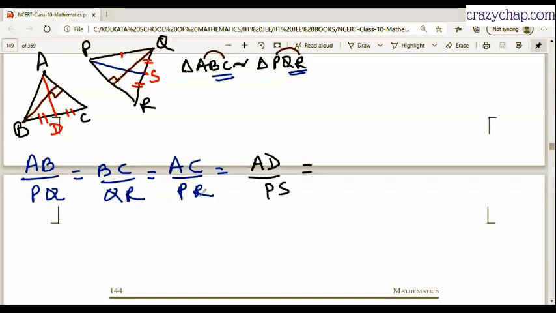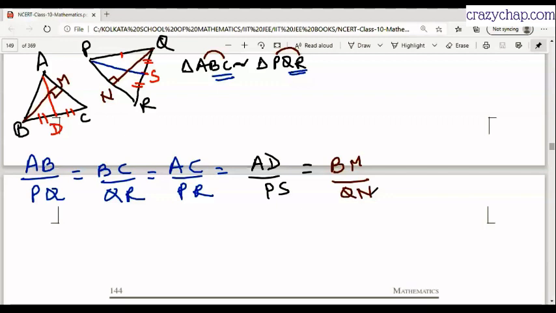So the corresponding altitude we are talking about, right? Let's say this is M and this is N. So the corresponding altitudes will also be equal in ratios. BM over QN. No problem?